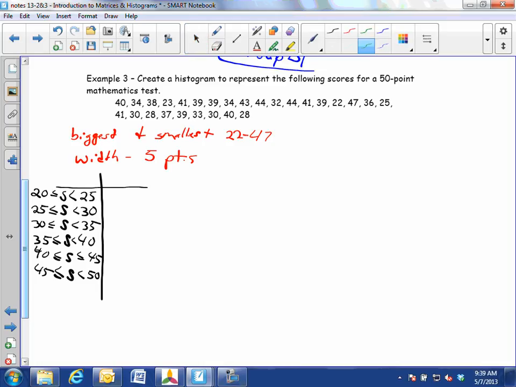I think it's easiest to do tallies first. So I would say, okay, 40 is going to go into this one, so I'm going to make a tally mark. 34 goes into this one, so I make a tally mark. I'm just going to keep crossing off and putting them into the categories here. This is the longest and most tedious thing ever, but it's got to be done.